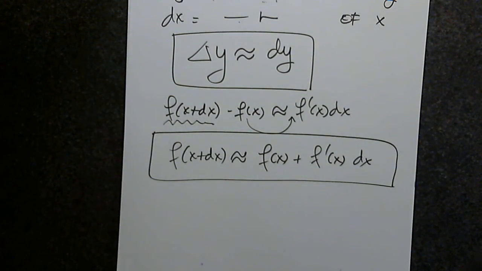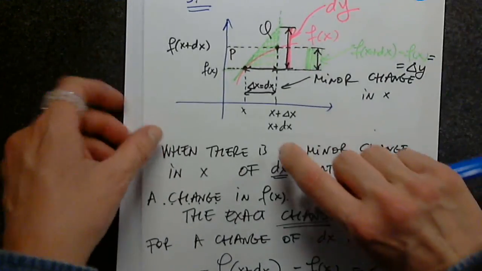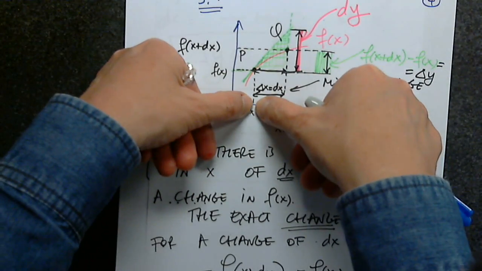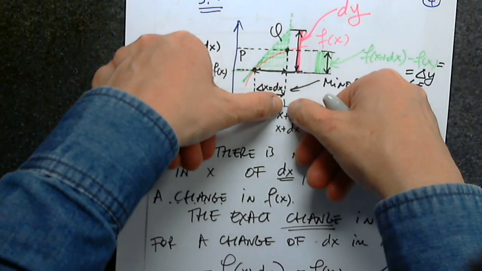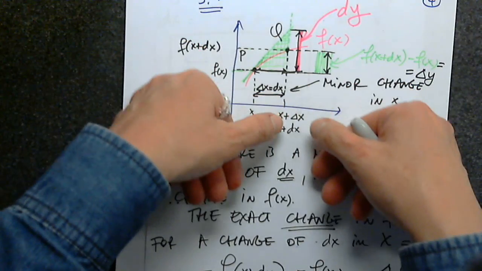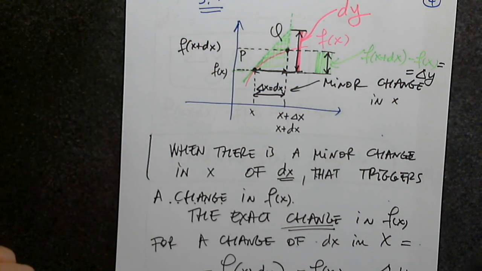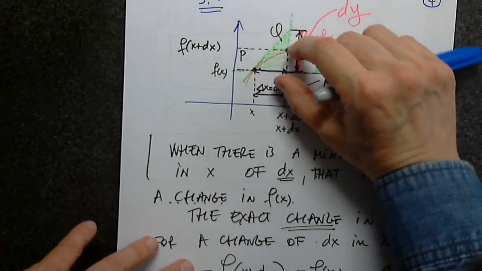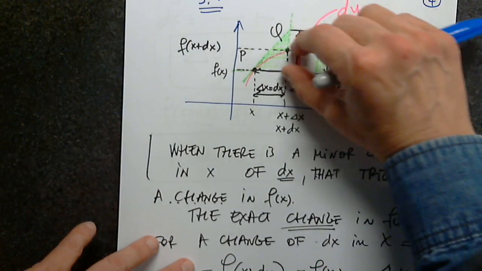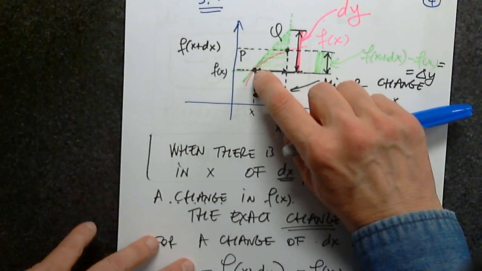Does this sound familiar? I want to manufacture 200, but then I want to manufacture 201. How much is delta x or dx in this case? 1.